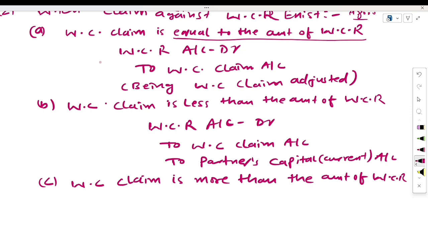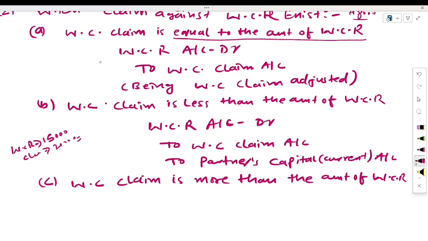Here, suppose you have created a reserve of rupees 15,000 and your claim amount is 20,000. It means your claim amount is more than the reserve amount by 5,000. Then in this situation, what will you do?